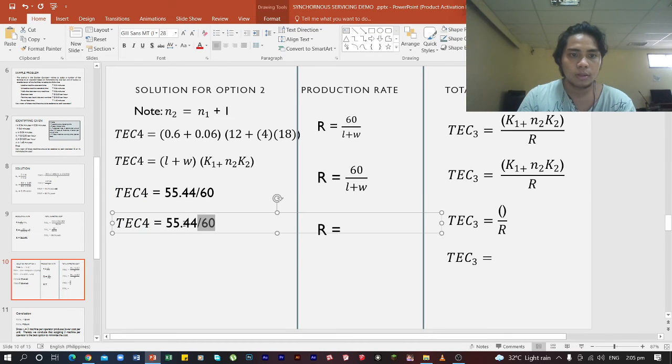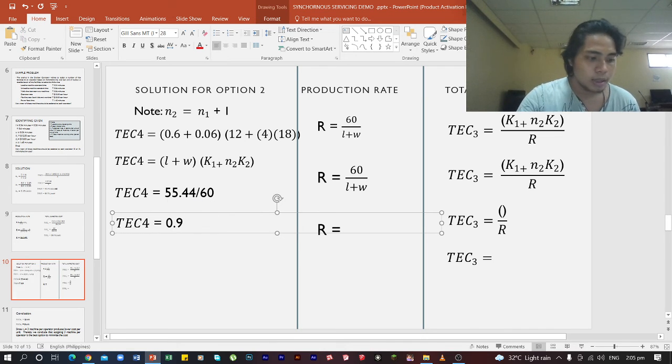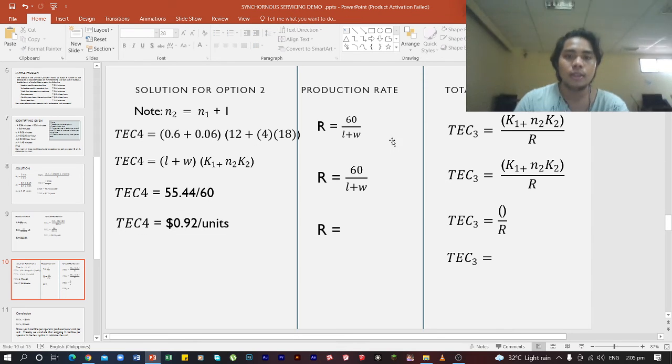So divided by 60, it's 0.92 per unit. Dollar per unit.